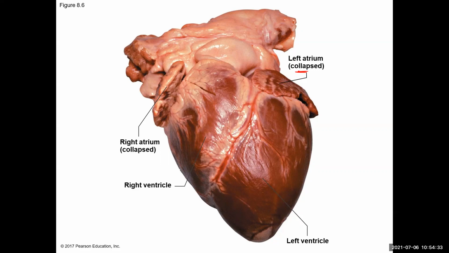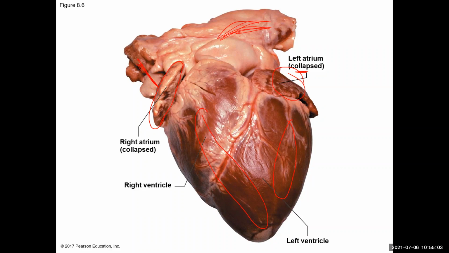And so the atriums look much, much smaller relative to the ventricles. Okay? And so you have your right atrium, your right ventricle, your left atrium, and your left ventricle. Okay? And then up here you have your aorta. Where's it at? This looks like it would be the superior vena cava, etc.